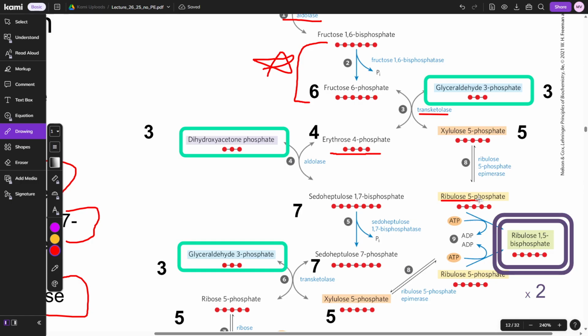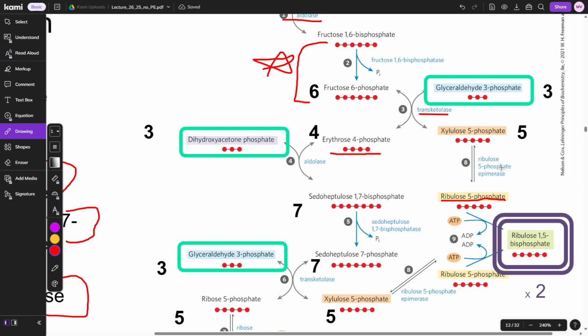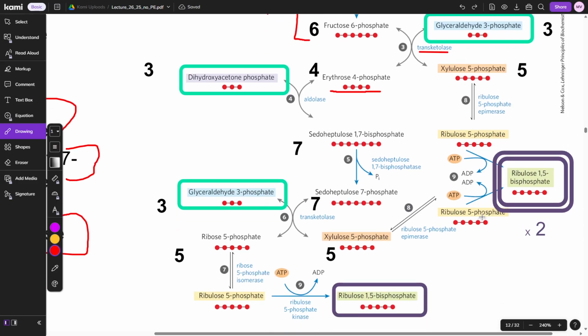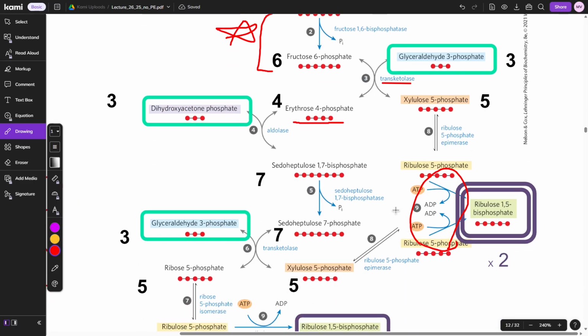And then we make ribulose 5-phosphate, and then we use a kinase on it. So these kinases here are very exergonic as well. Very exergonic. And I believe these are some of the enzymes that are actually regulated by that thioredoxin pathway. So thioredoxin is helpful for these 3 steps as well, if I'm not mistaken.